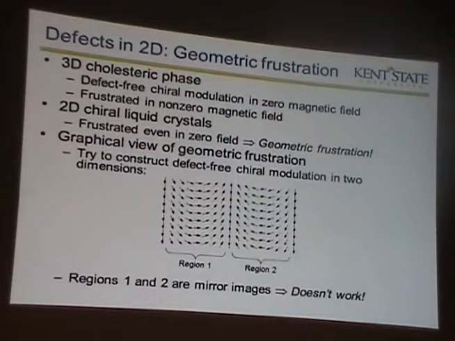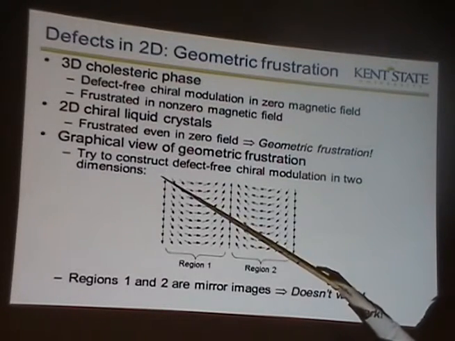What's twist? Well, if you have symmetric C, then if you have a modulation like that, that's a three-dimensional twist of the director field. Okay, so let's try to make it with no defects. If we try to make a chiral configuration with no defects in the two-dimensional liquid crystal, you would try to draw something like this.